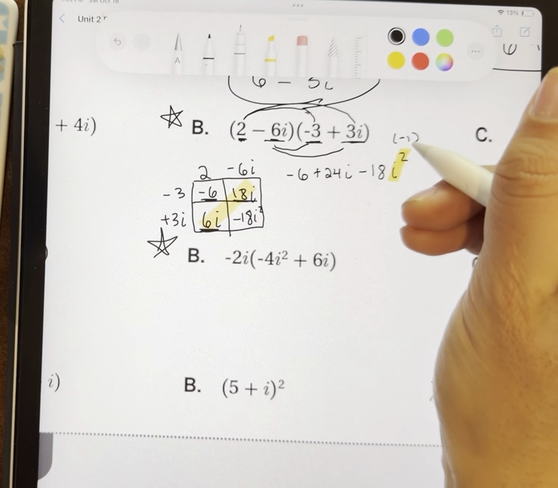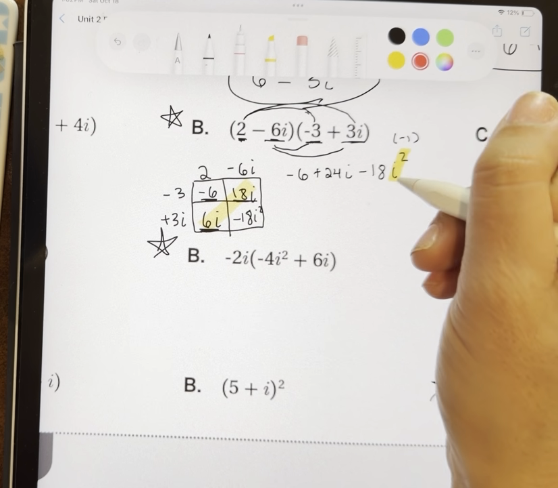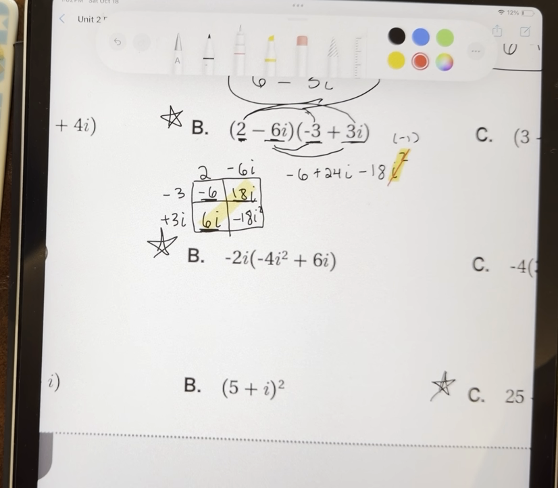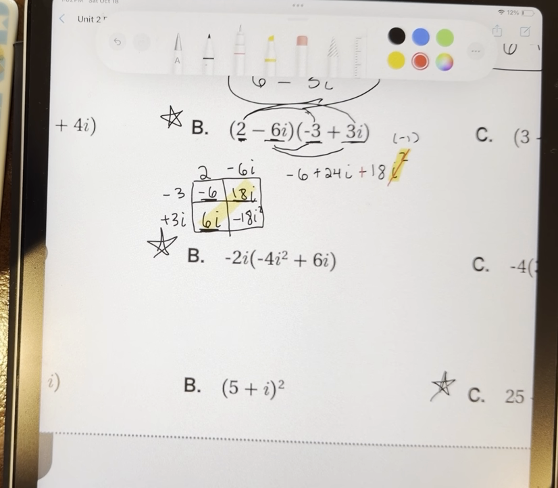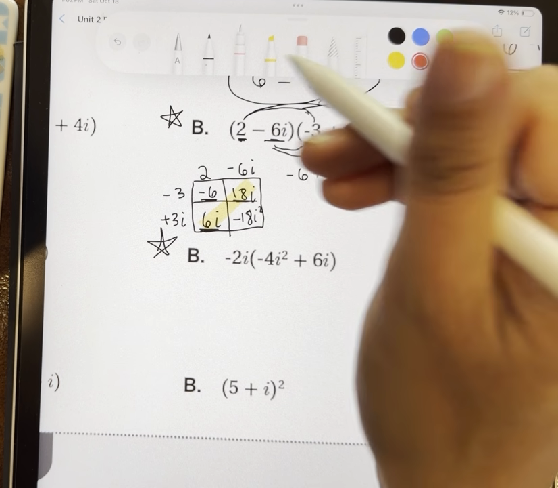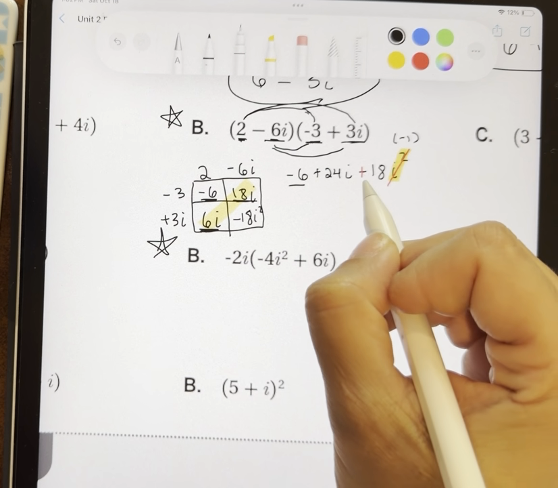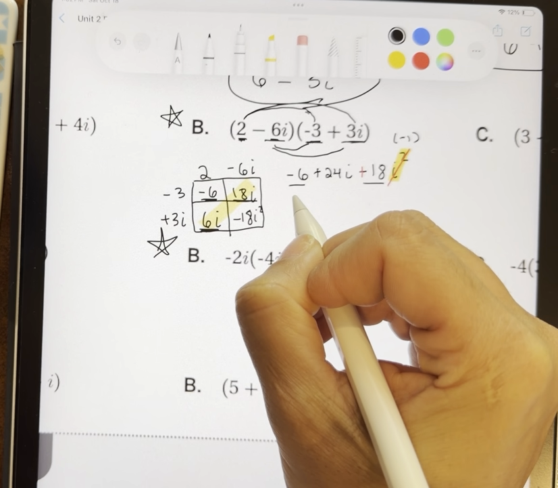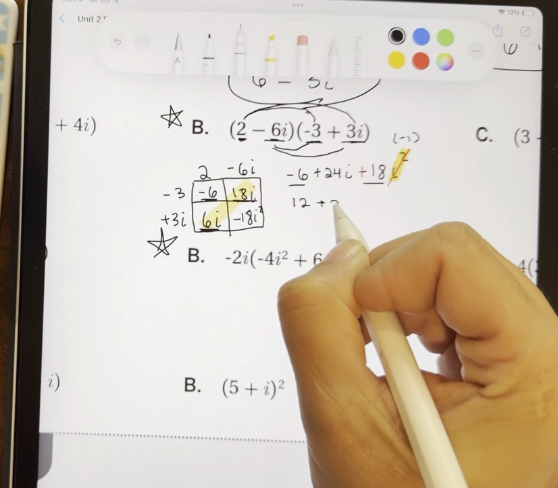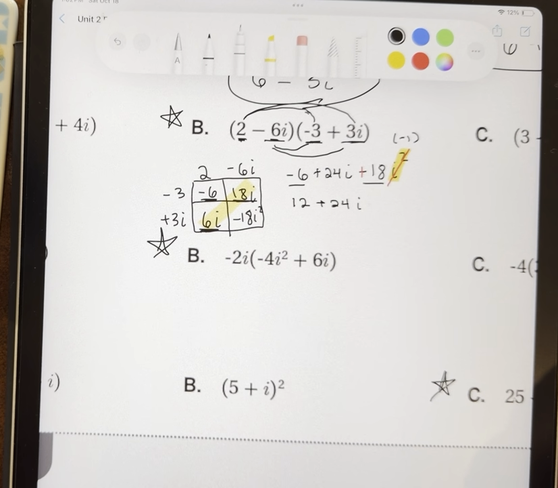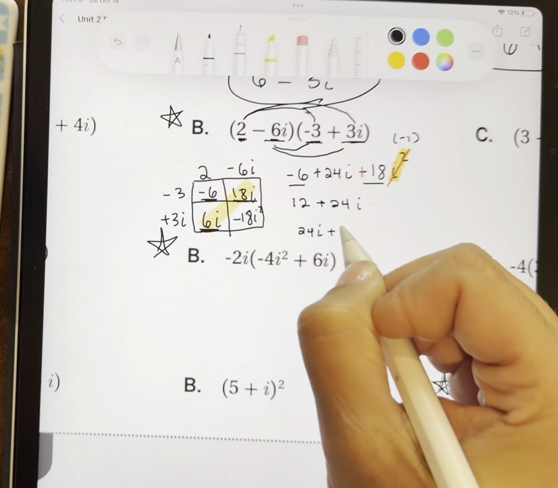So you have negative 18 times negative 1, which means this kind of cancels away by turning this into the opposite of whatever sign it was, okay? So now I have negative 6 plus 18, and that is 12, plus 24I, okay? If you did it in a different order, you might have 24I plus 12.